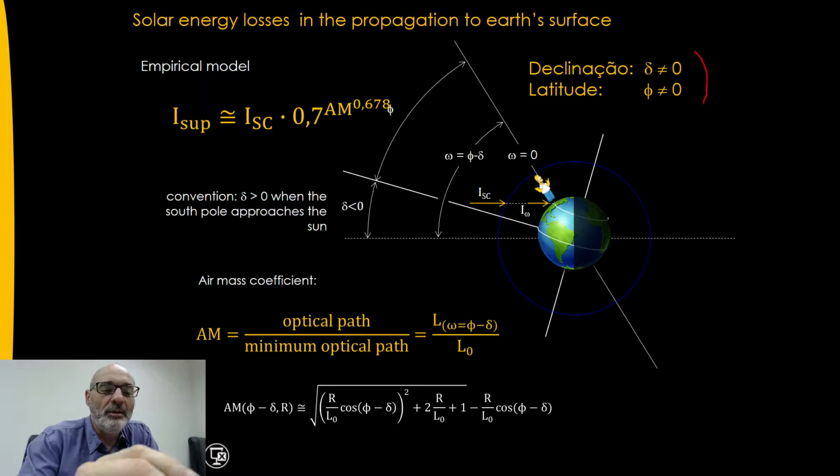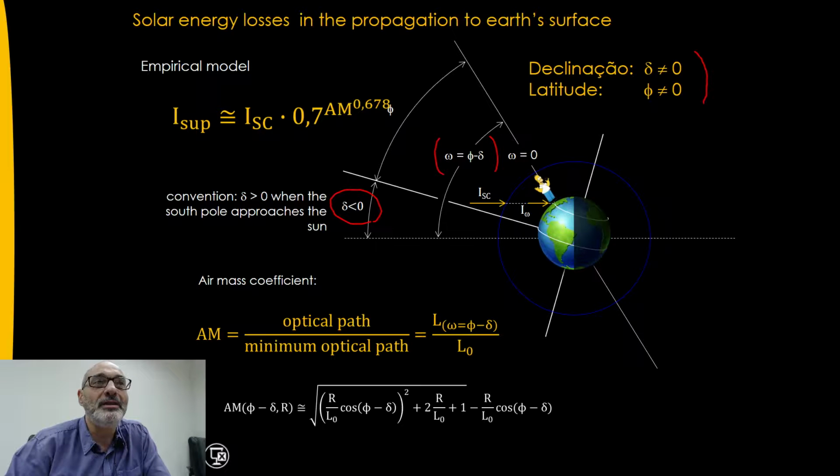Now, the last thing we need to do is assess the most generic situation: declination different than 0 and latitude different than 0. So it's actually simple. If delta is different than 0, you simply calculate things in terms of a relative angle, as I'm showing you in this picture.